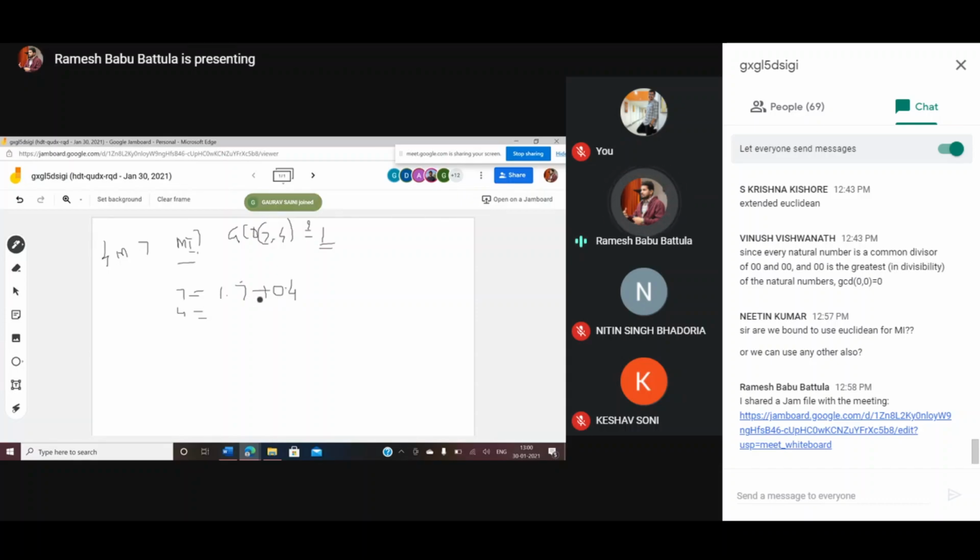So this is my A, this is my B. Then the second one is 0 into 7 plus 1 into 4. I can represent these 2 like this. Then I have to find the remainder value for these 2. What is the remainder value? You will get 3. How do I write 3 over here?